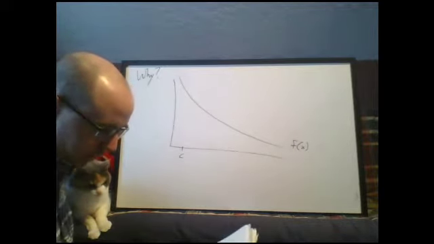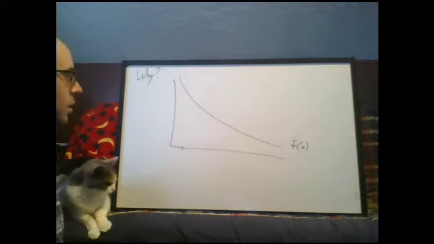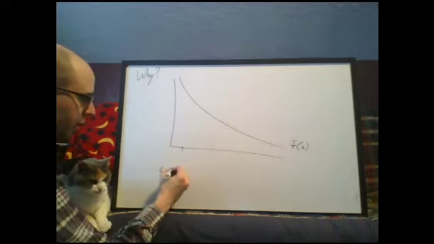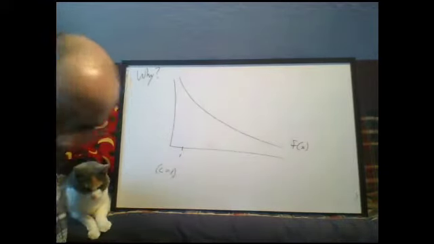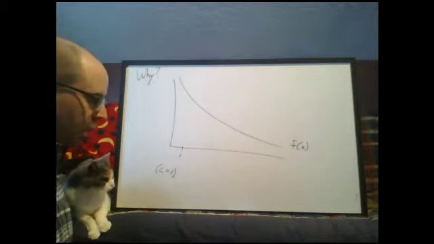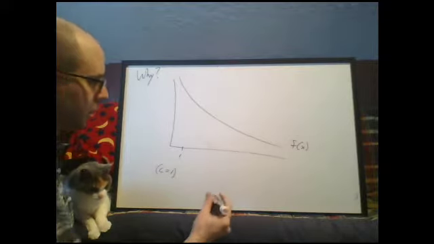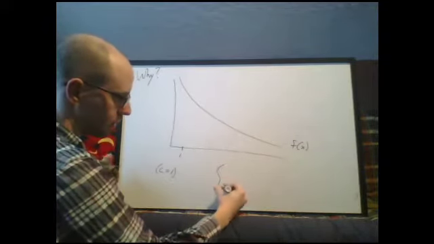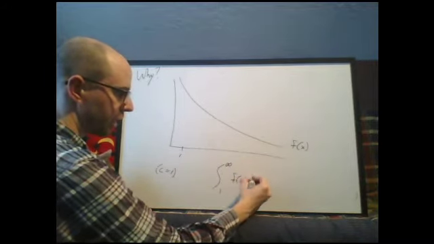Let's say this is the case when c equals 1. We can adjust it if we had to, but I just want to keep it simple for the picture. All right, so the integral from 1 to infinity of f of x dx.